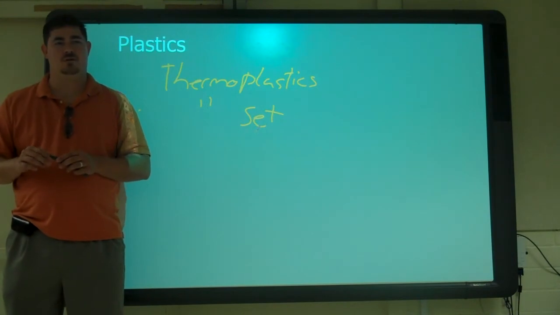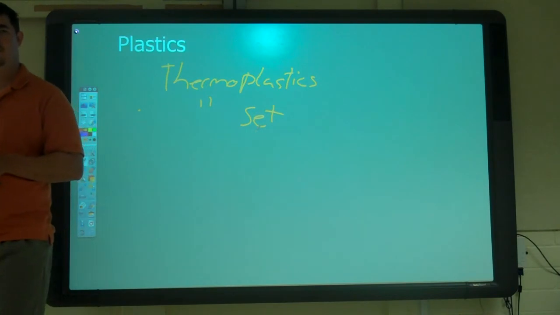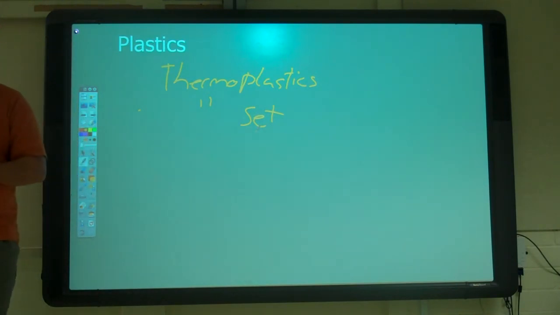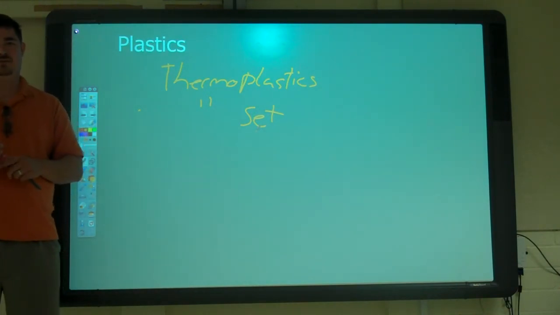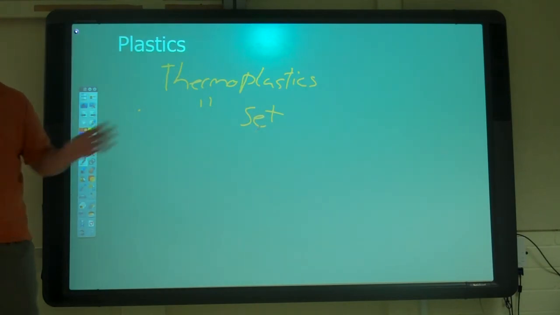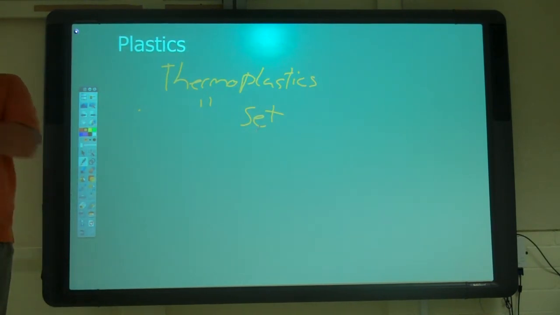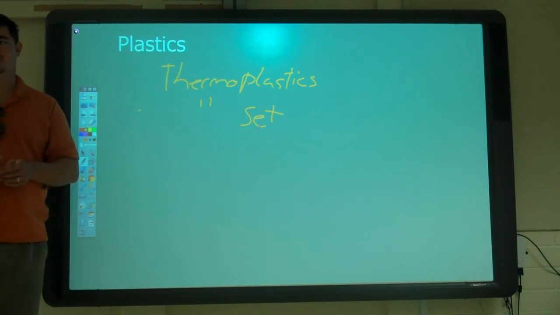What else? Polypropylene, caps. Urethane. So that's some of the synthetic rubbers. And rubbers kind of fit into the same category. What about nylon? Nylon, yeah. What's a clear one?